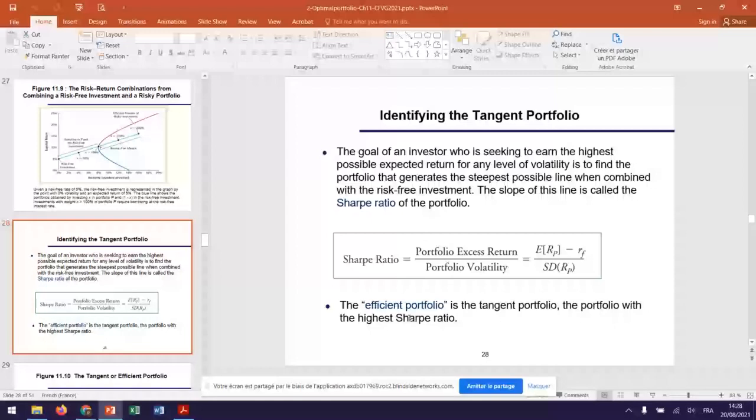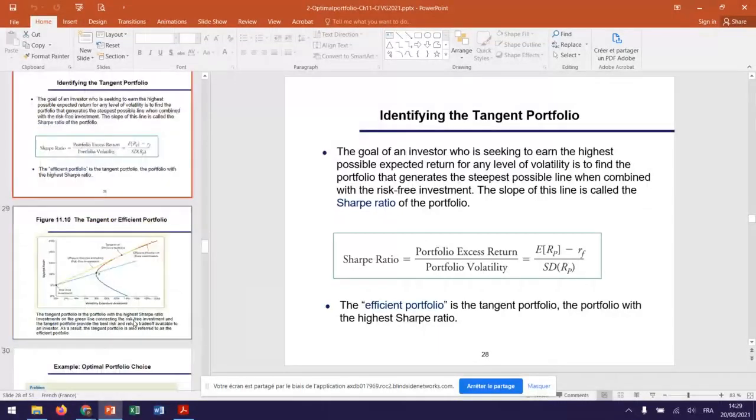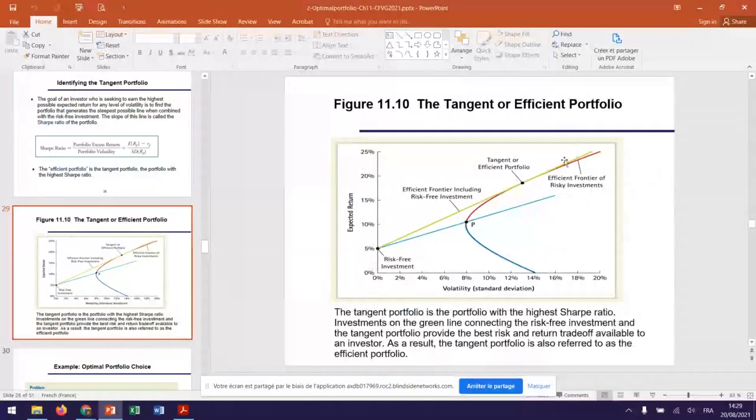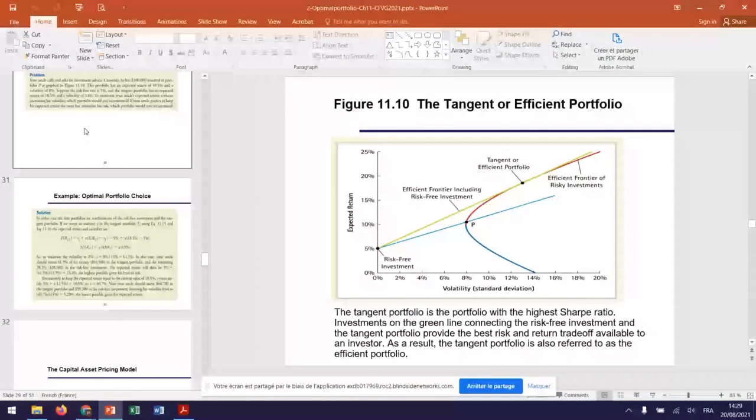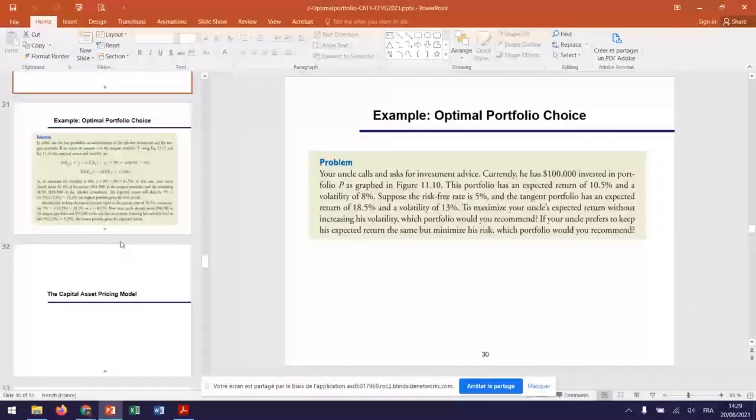It's a theoretical portfolio that should have the highest Sharpe ratio, which is the case here where the blue goes to the green, and the green line is called the tangent one, where you can see the slope is the highest. So that is the optimal portfolio choice that we learned yesterday.